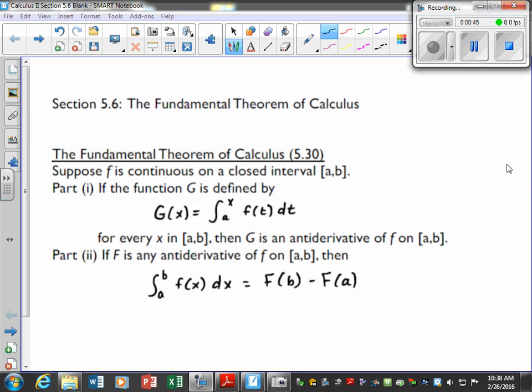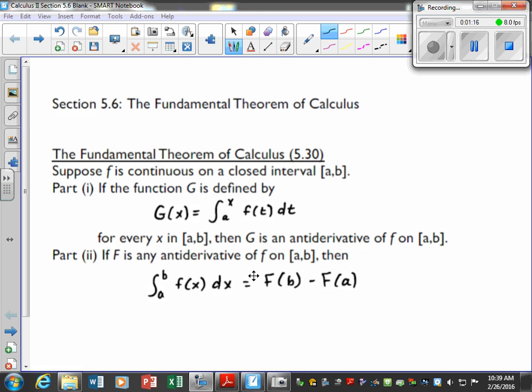So this is just a statement, if you want to pause it, and these definitions come straight from your textbook in section 5.6. The fundamental theorem of calculus: f is a continuous function on a closed interval a to b. If the function g is defined by this value right here, then for every x in the closed interval a to b, g is an antiderivative of f on a to b.